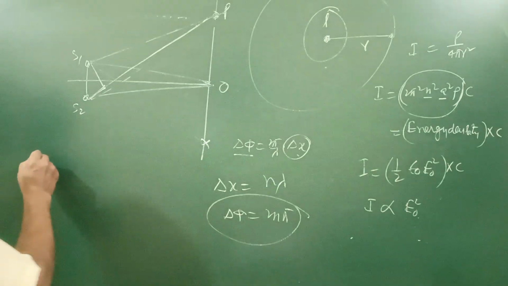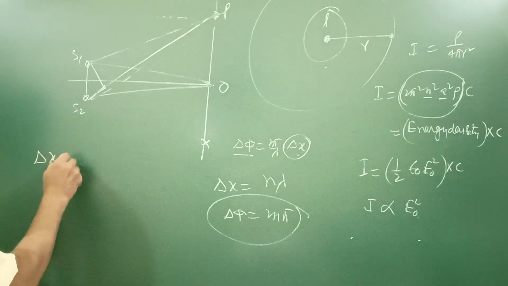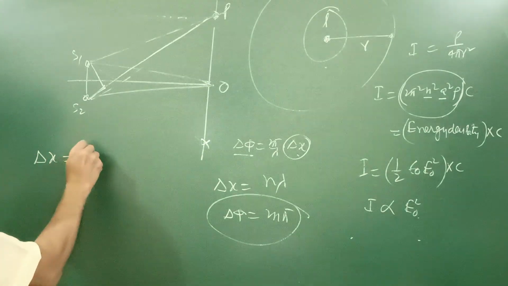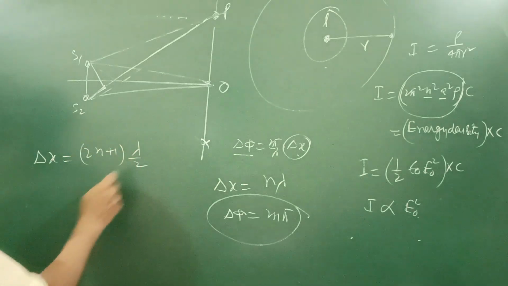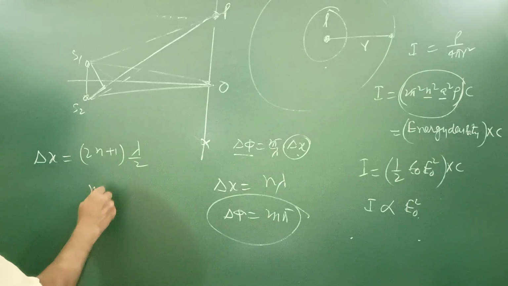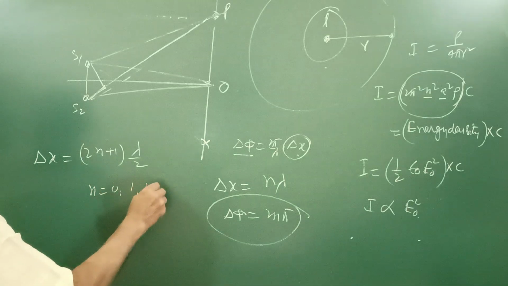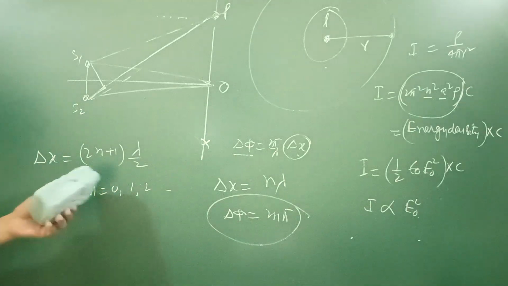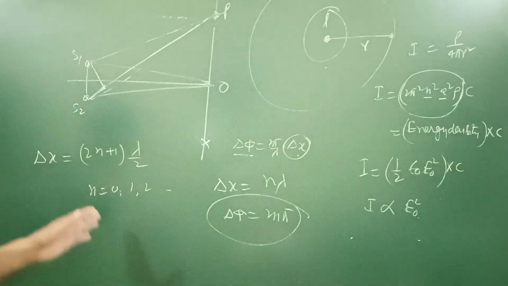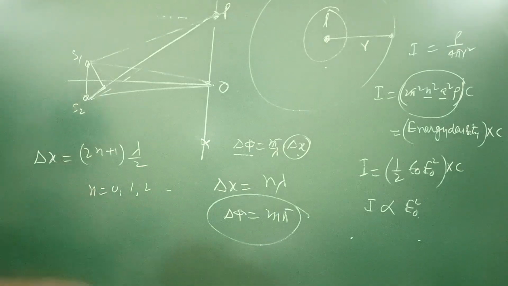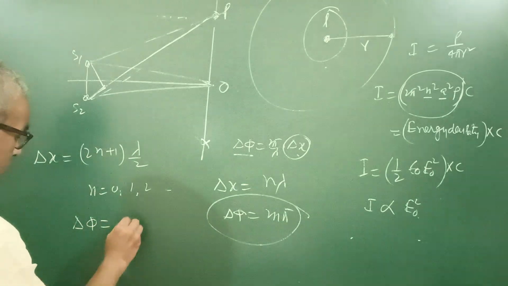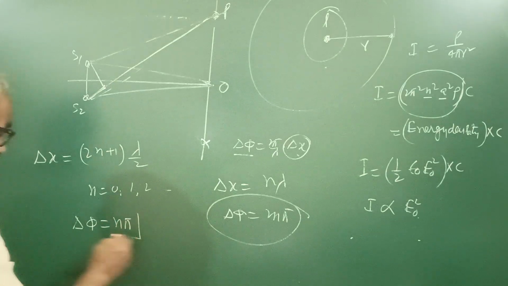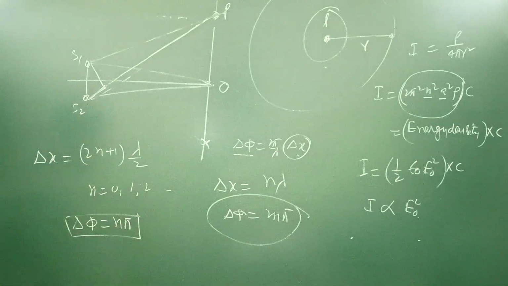And if delta x is equal to (2n plus 1) lambda by 2, an odd multiple, where n takes the values 0, 1, 2, 3, or you can take minus also, then delta phi will be (2n plus 1) pi, an odd multiple of pi. Actually pi means 180 degrees.